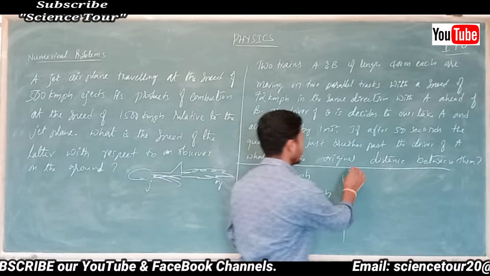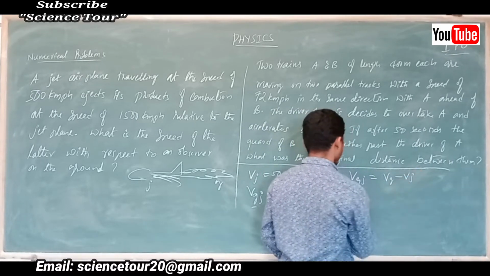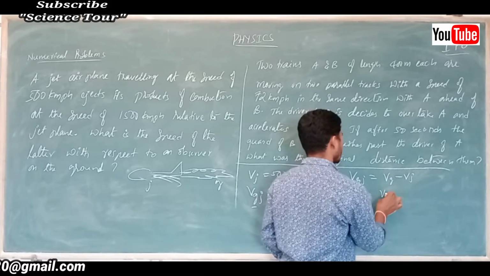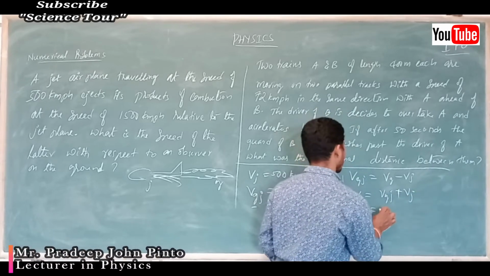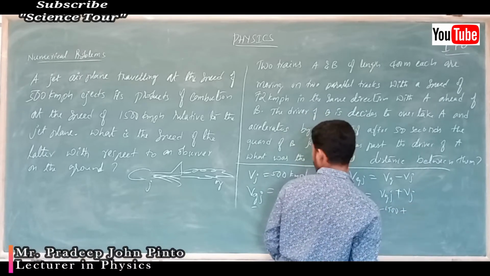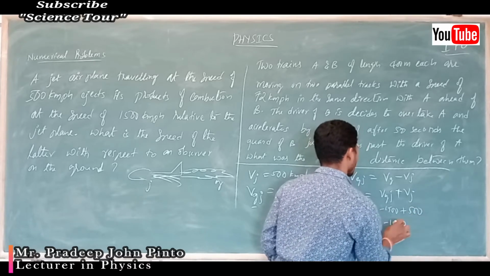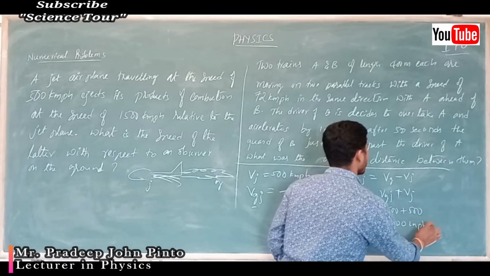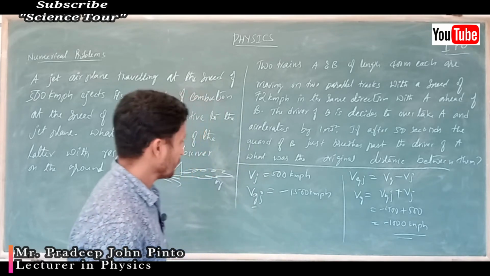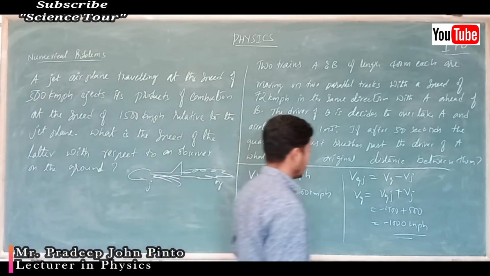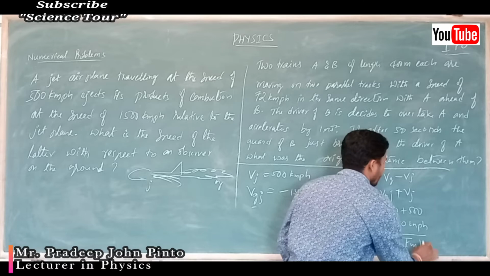How to write it? That is Vgj, which is equal to Vg minus Vj. Vg is nothing but Vgj plus Vj. Vgj is 1500 and Vj is 500, so the result is 1000 kmph, that is minus 1000 kmph, or we can write it like this also, 1000 kilometer per hour inverse.